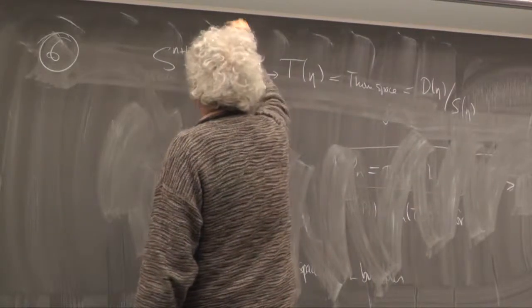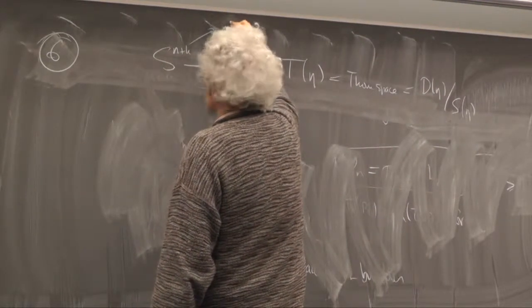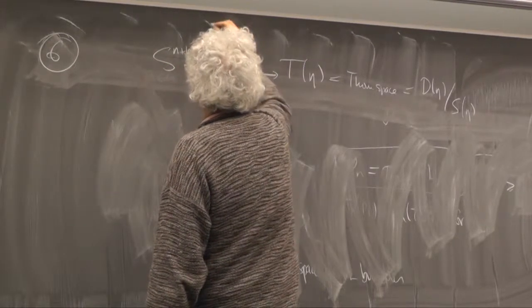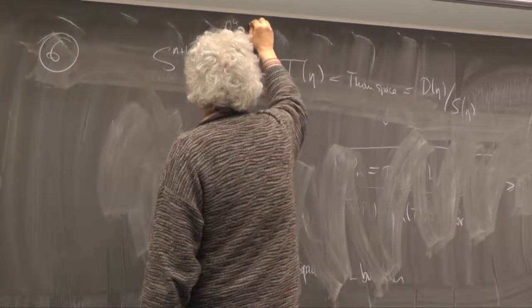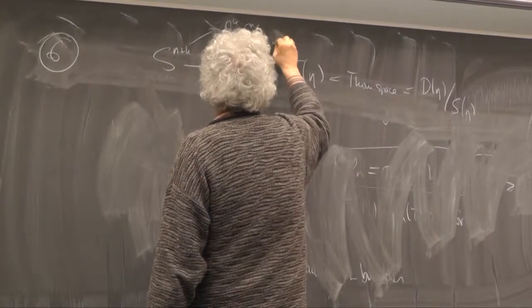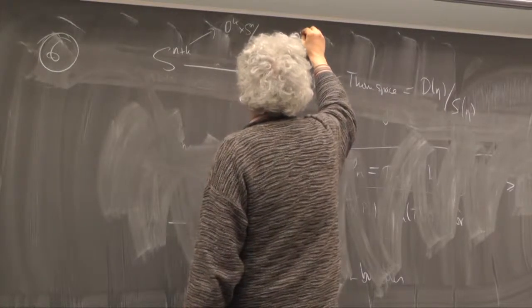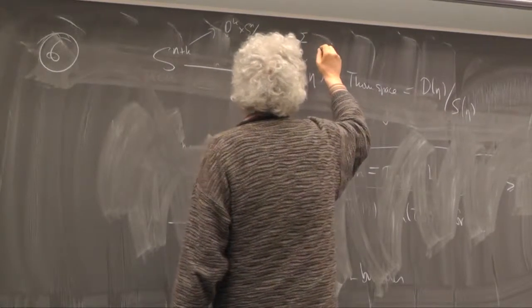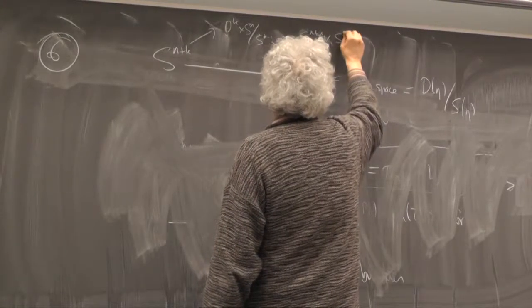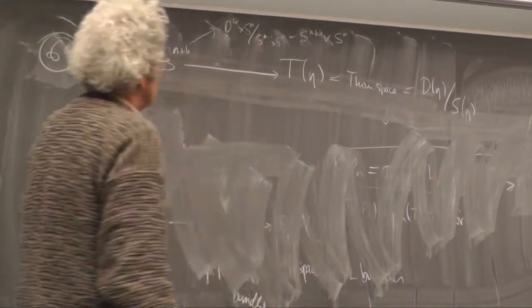This is the Thom space of S, this is S^n plus K union S^n, something like that.